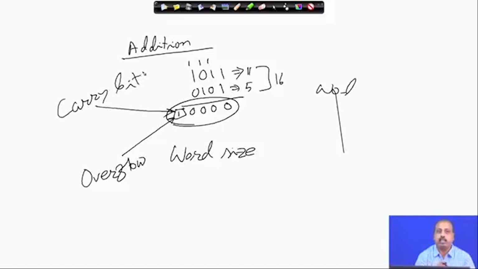So, there is one extra space devoted for storing this extra bit that is generated, and this is often known as the carry bit. But you must understand one thing: if we are adding two n bit numbers, then the result can be of n plus 1 bit, not more than that. That justifies keeping a single carry bit for doing the addition.